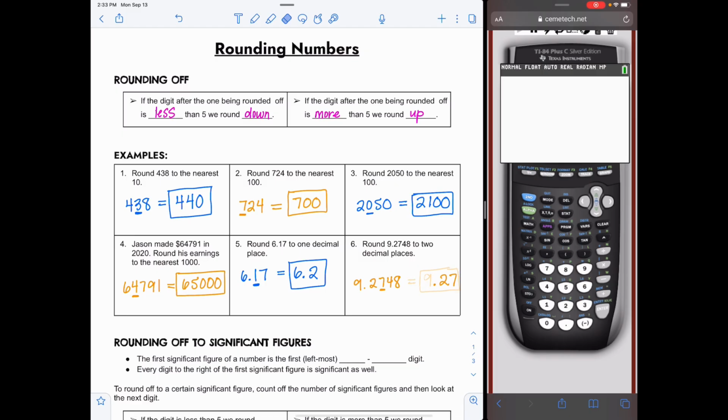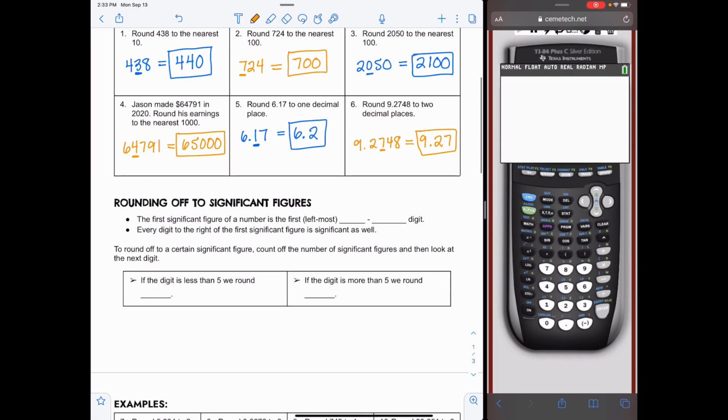All right, so let's talk about significant figures. This is going to be something that is brand new to you. Anytime you have significant figures, you need to understand that the very first significant figure of a number is going to be the first leftmost number that is not 0.